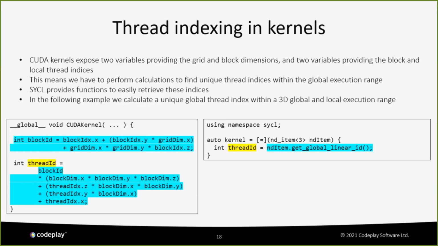And you can see on the left this calculation to find the global linear ID for a kernel invocation. And this is a 3D invocation. But SYCL provides functions to easily retrieve these indices with just one function call.